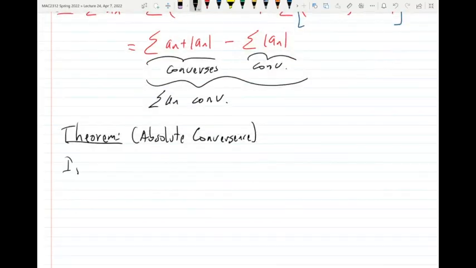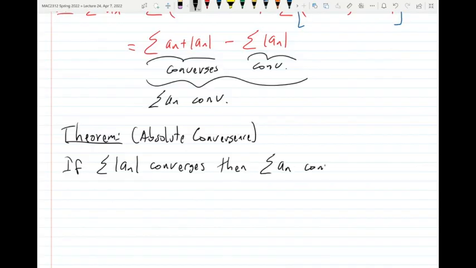Okay, so if the series of absolute value converges, then what can we deduce? The original series converges as well. Okay, so because of this implication, this motivates the definition of absolute convergence. We will say that a series converges absolutely or is absolutely convergent if, when you look at the series of absolute value, it converges.